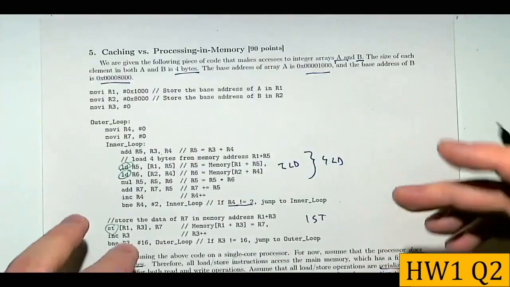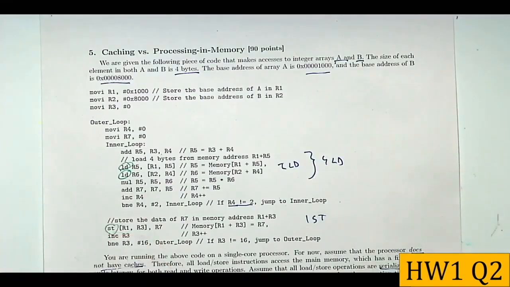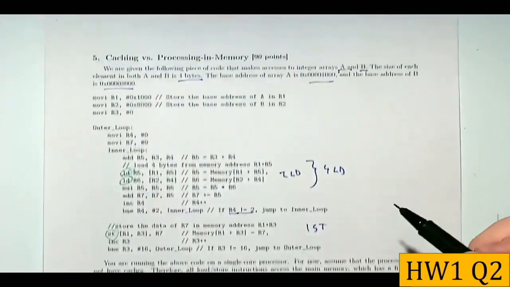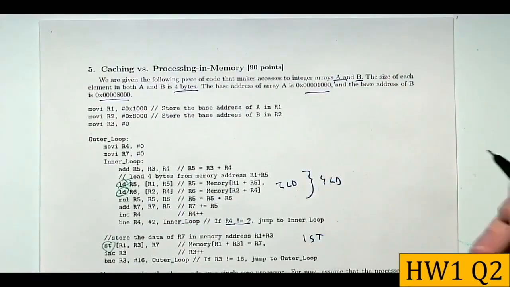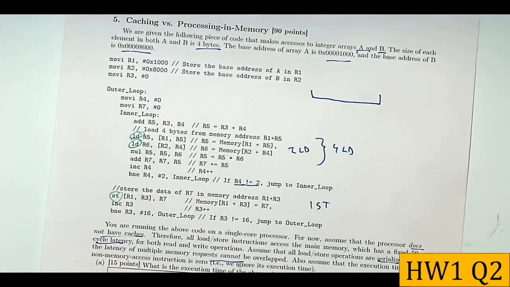So then if we look at the base addresses here to determine where in this cache the first elements of A and B will map, we can first find out which bits of the address tell us the entry in the cache to access, right? And then since we have 128 bytes here, the last 8 bits of the address will have to do something with the cache, right?